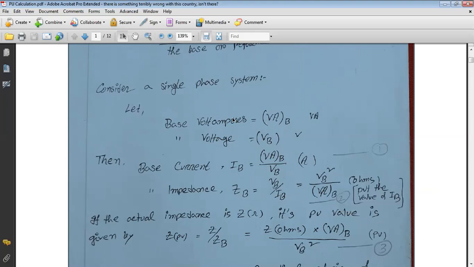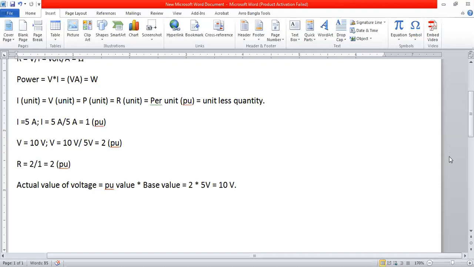So if we want to see this in numeric values, how can we calculate it? This is very simple. We have to assume the base value of the quantity, or the base value should be given.